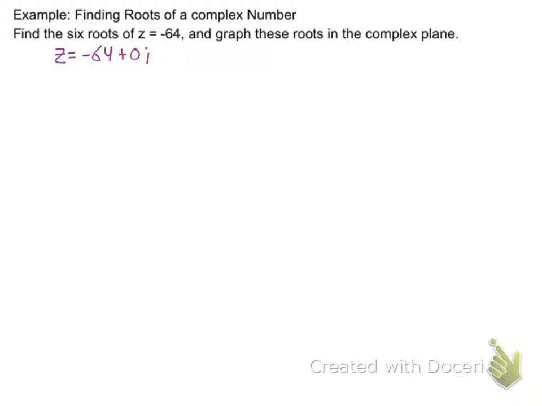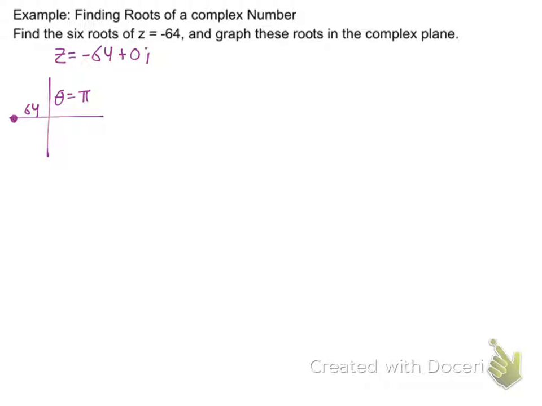Graph it. Find theta, find r, write the form. There's negative 64. What is r? 64. What's theta? 180. Pi.